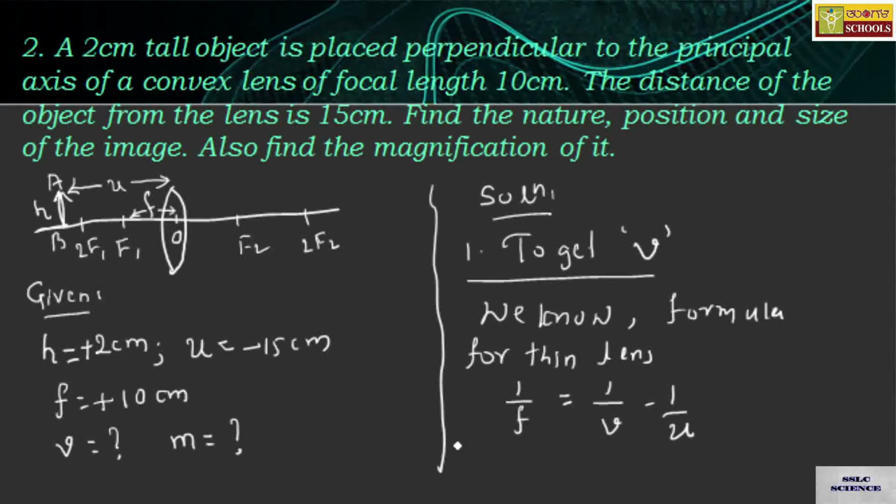Because we want v, I'm keeping 1 by f here, sending 1 by u on this side to get 1 by f plus 1 by u, which is equal to 1 by v. Again you have two methods. Either you solve this formula to the simple one to get v, or you just substitute the values here, no problem.